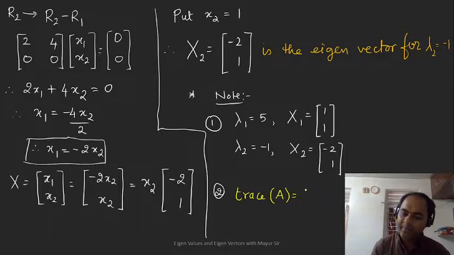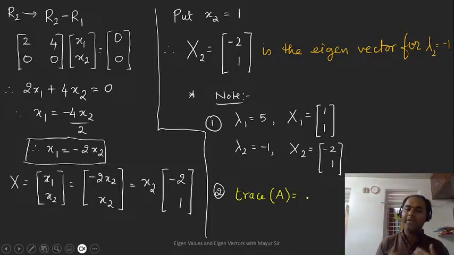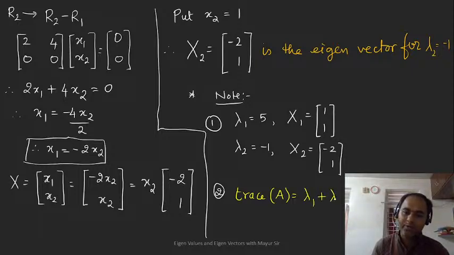When the matrix is given, it is the total of the diagonal elements. That is one definition. But in terms of eigenvalues, the trace of the matrix is the total of the eigenvalues. So lambda 1 plus lambda 2, if you do, you will get 5 minus 1, which is 4, which is also the trace.